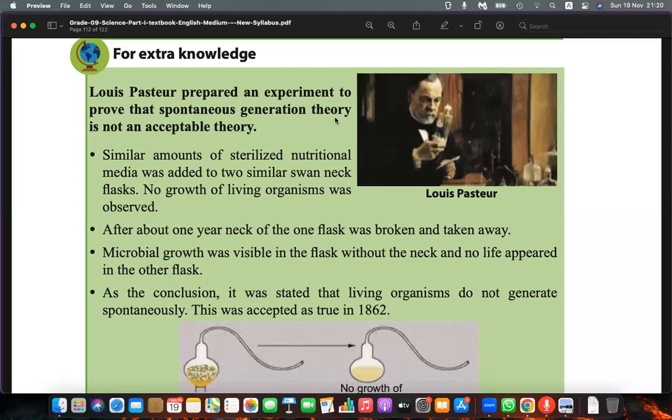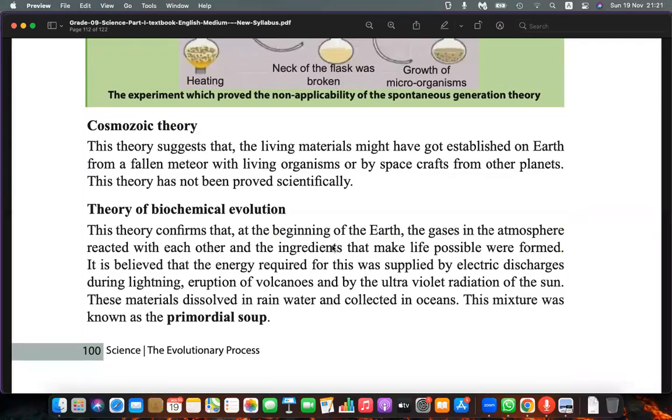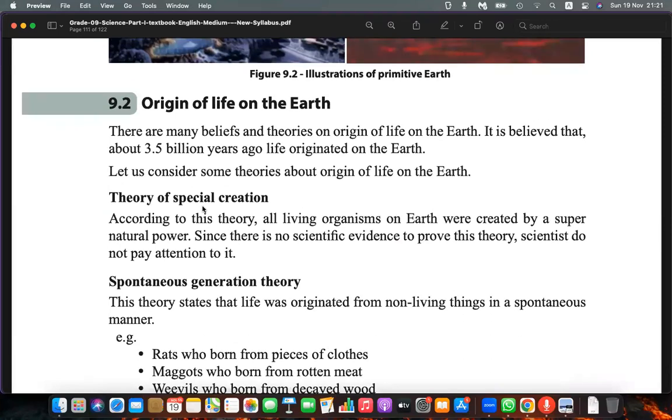So even though he proved that, people were still arguing about how this happened. Another one is the cosmozoic theory. One theory is super power, or special creation.